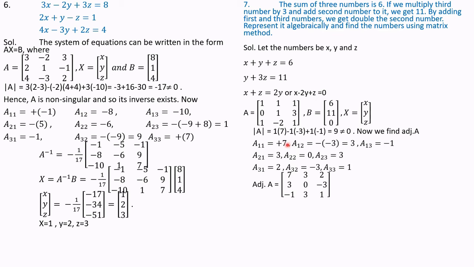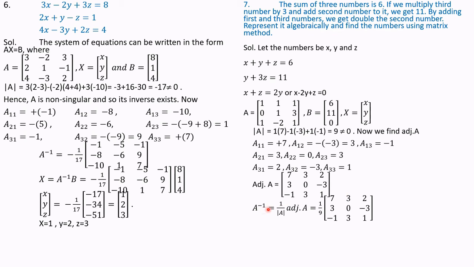The row becomes a column: 7, 3, minus 1. The row 3, 0, 3 becomes 3, 0, 3. And the third row becomes the third column: 2, minus 3 and 1. Please observe and note.